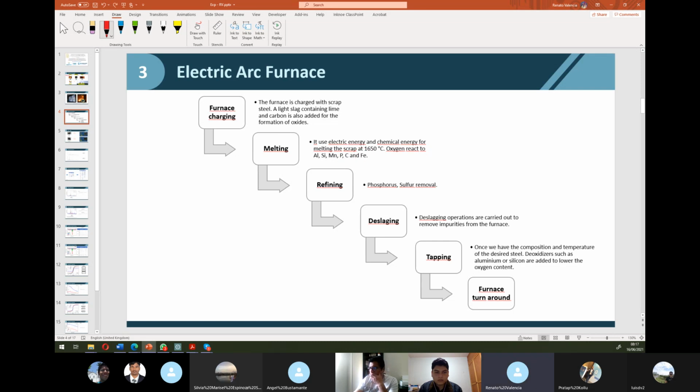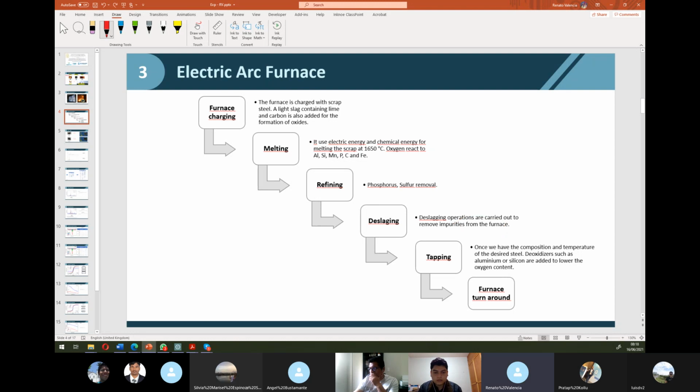Then during refining, phosphorus and sulfur are removed. In the slagging operations, impurities are removed from the furnace.